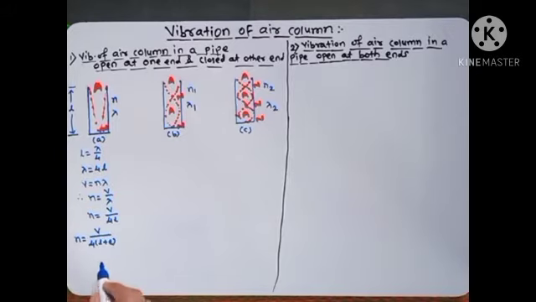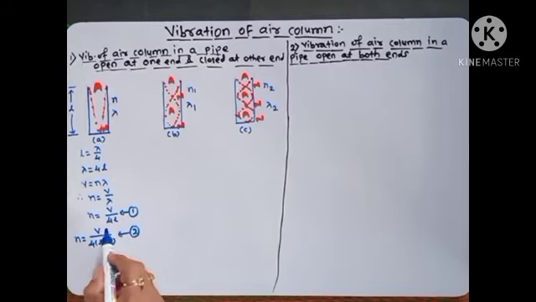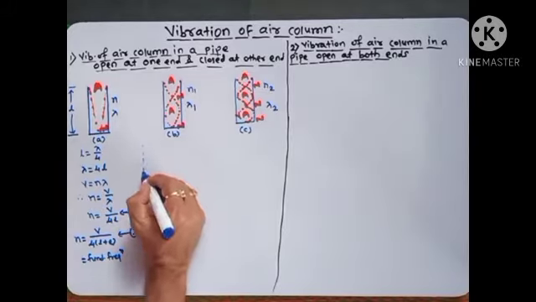Suppose this is equation number 1, and this is equation number 2. With end correction we get the fundamental frequency. This is the lowest possible frequency in case of air column, when we consider a pipe open at one end.